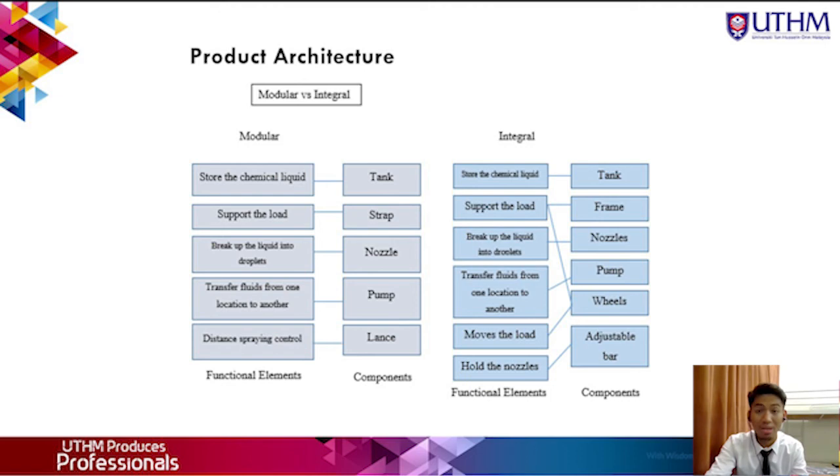Each functional element in a modular architecture is realized by exactly one physical chunk, whereas integral architecture, based on product functional components, is implemented by more than one chunk. As we can see from the slide, there is a comparison between modular and integral product architecture for our group's project, which is the semi-automatic fertilizer sprayer.